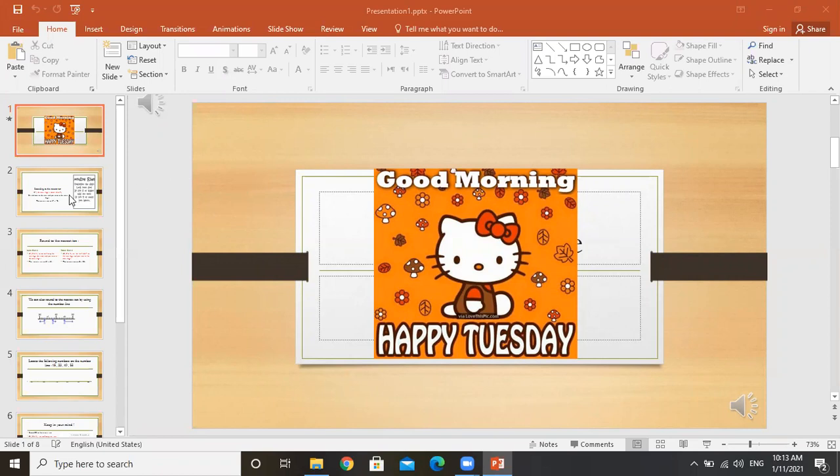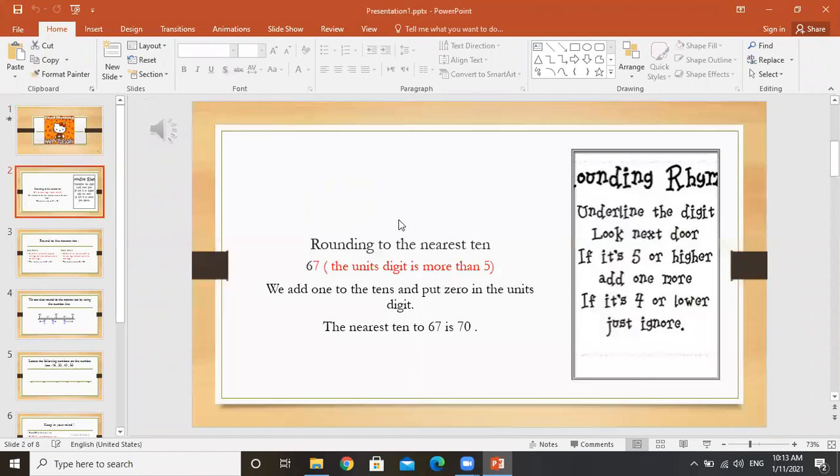Today we are going to revise rounding to the nearest 10, or rounding to the nearest number ending with 0. I told you before that in a two-digit number, if I want to round to the nearest 10, first of all, I should identify or underline the units digit.